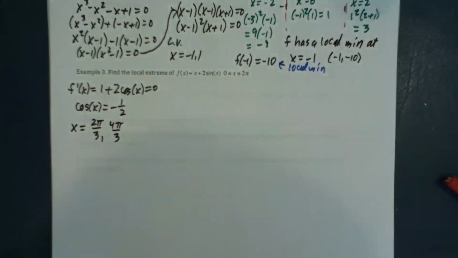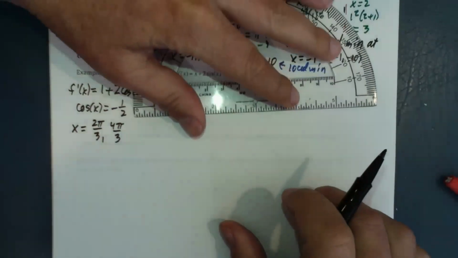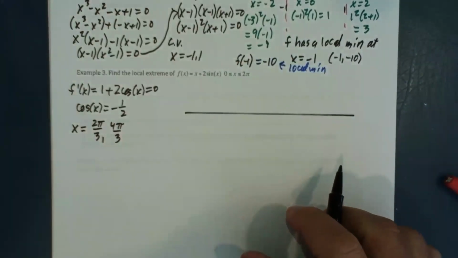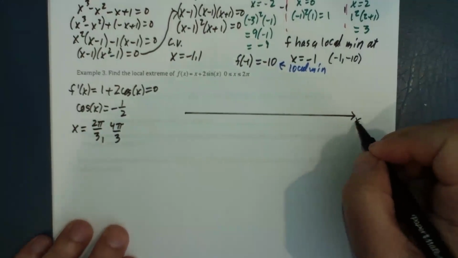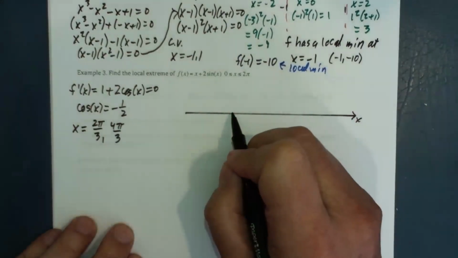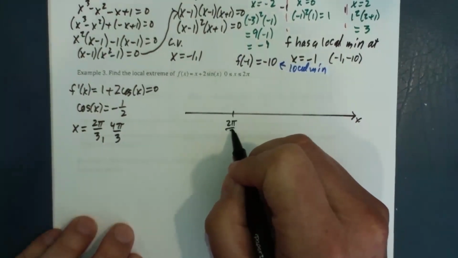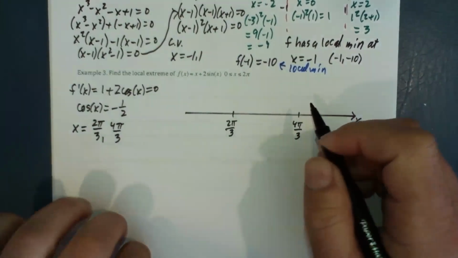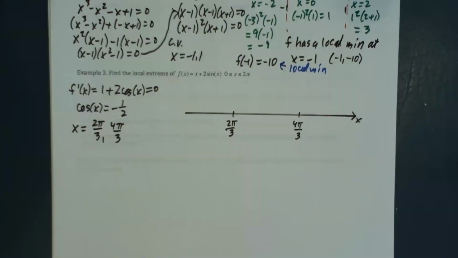And let's set up our table. And I'm going to test 2 pi over 3 and 4 pi over 3. And just for a quick reference, what I'd like to do is get a decimal approximate so I can know what to test.